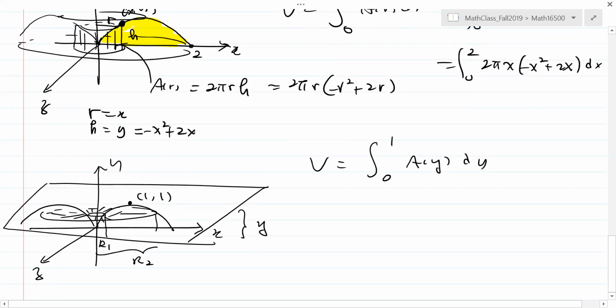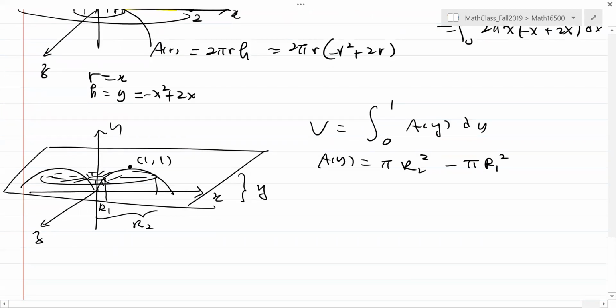For a fixed y, what is the area of this cross-section? The area of this cross-section is going to be pi R2 squared minus pi R1 squared. So for that fixed y, how can I find the x values, R2 and R1? You just need to solve the equation y equals negative x squared plus 2x.